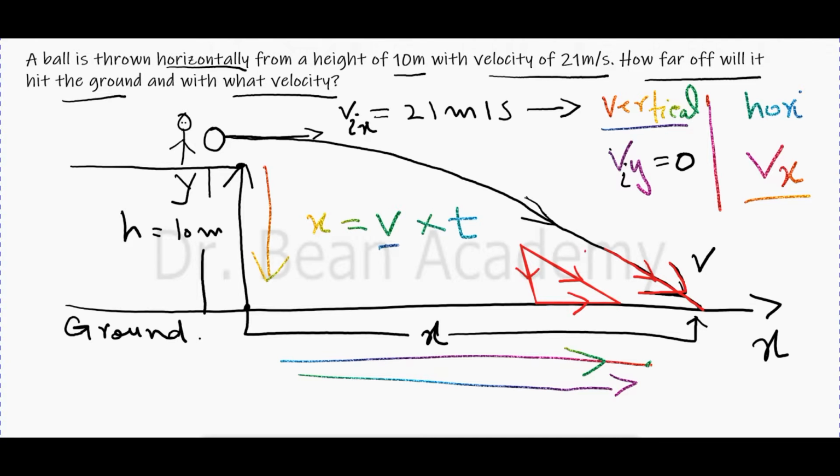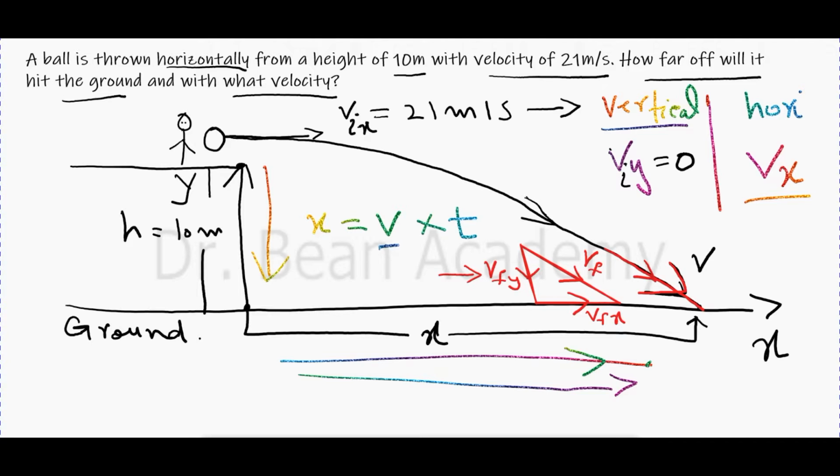If this is the final velocity Vf, then this is Vfy and this is Vfx, the x component of the final velocity with which it will hit the ground, and this is the vertical or y component of the final velocity.